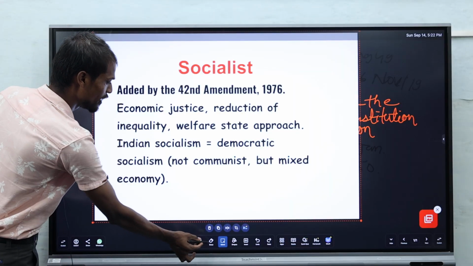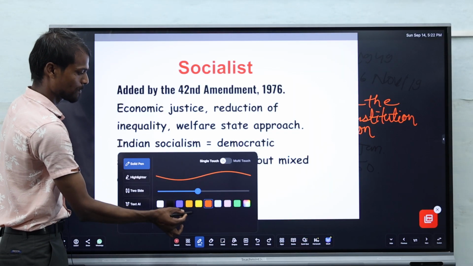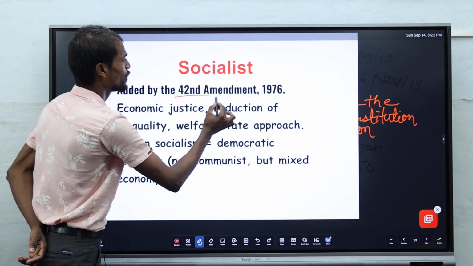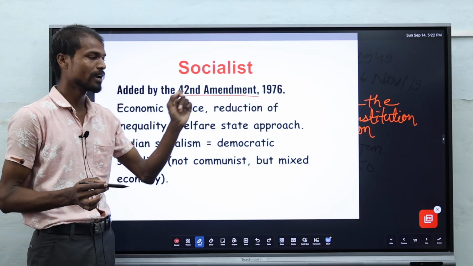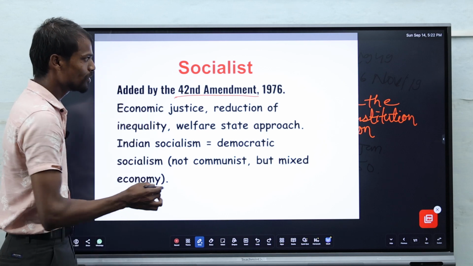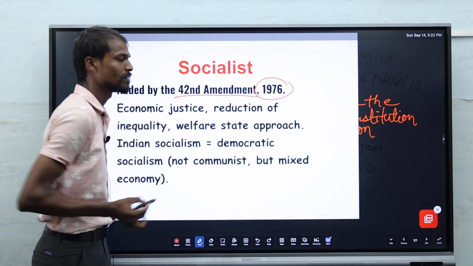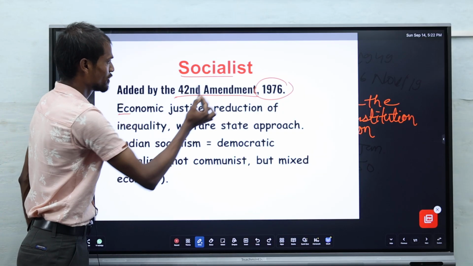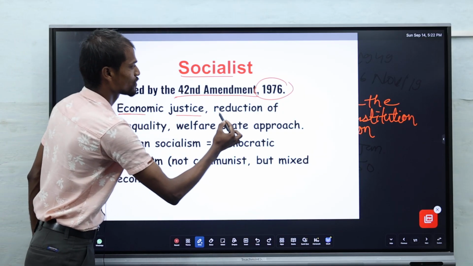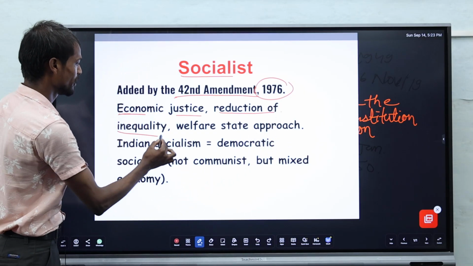It was included by the 42nd Amendment Act 1976. In the socialist concept, there is economic justice and reduction of inequality.